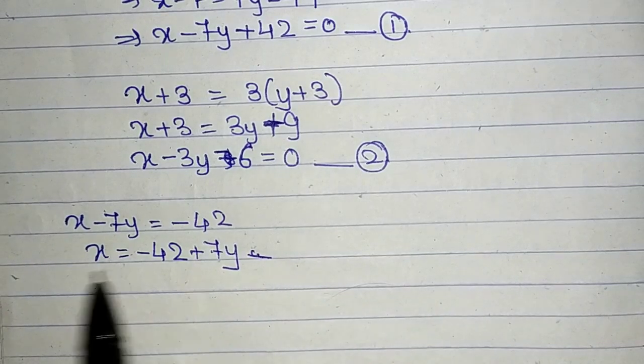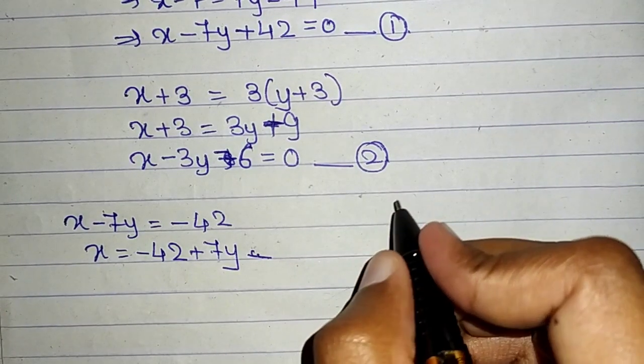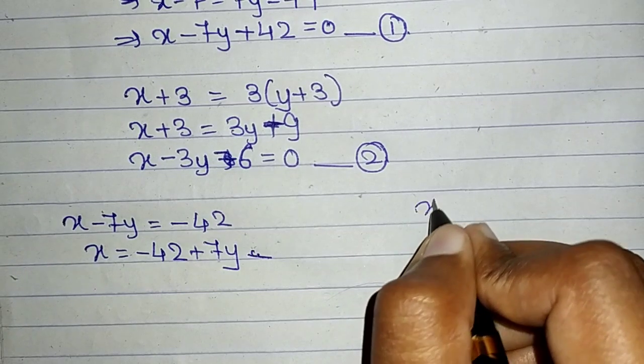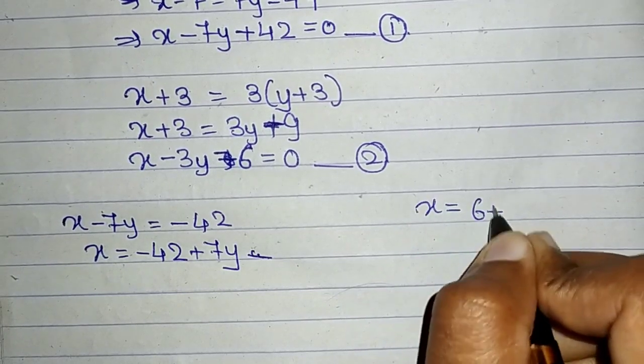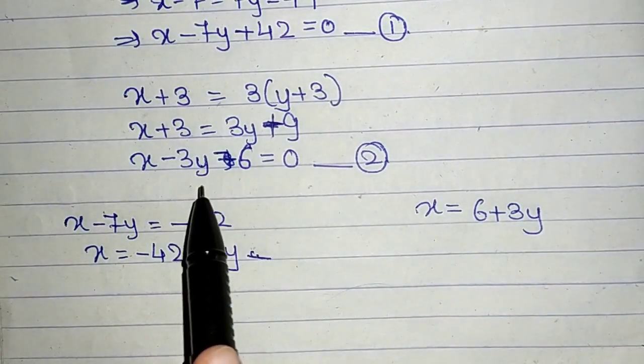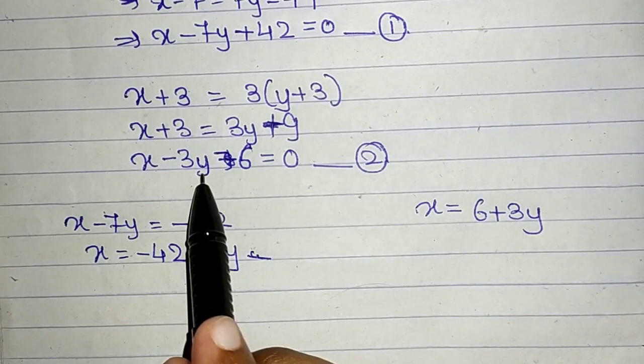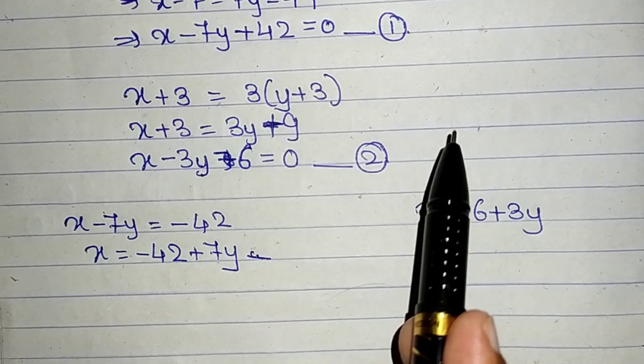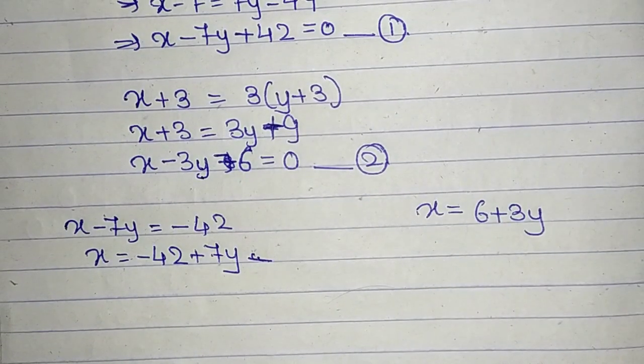So we will make use of this equation to find the points. Similarly, x is equal to 6 plus 3y. Just transpose everything to the right hand side. You can even keep y on the left hand side and transpose x to the right hand side. Both are one and the same. It will give you the same result.